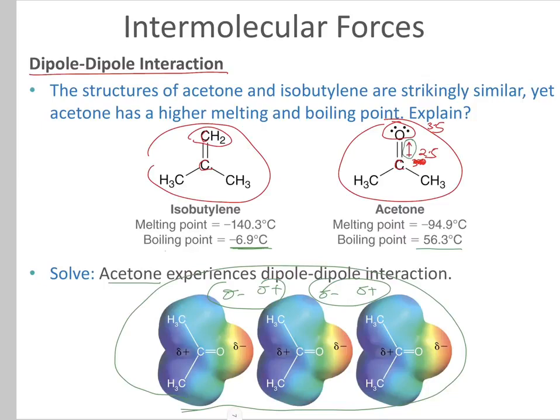So in order to overcome these forces, an extra amount of energy is required to break the intermolecular forces before the molecule can boil. And that is why the boiling point of acetone is much higher than that of isobutylene when the structures are actually alike.